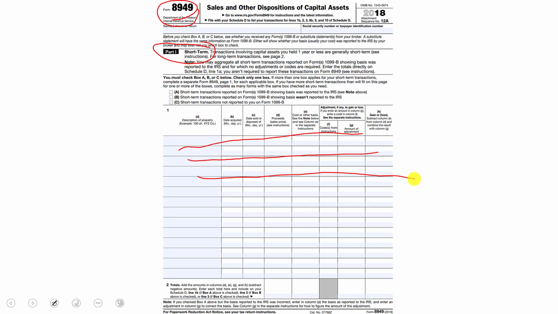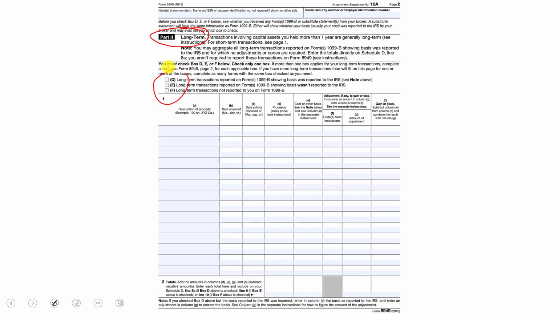Just like we learned how to calculate the gain or the loss, you have the sales price and minusing out the adjusted basis to get that gain or loss. And you have the dates here to indicate whether it's short term or long term. Again, notice the ABC for short term and DEF for long term.